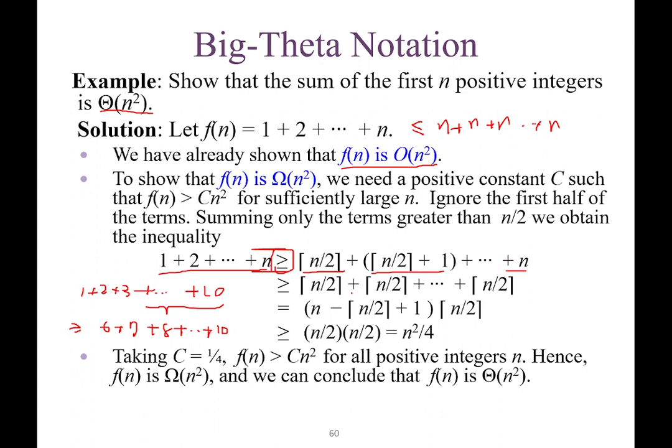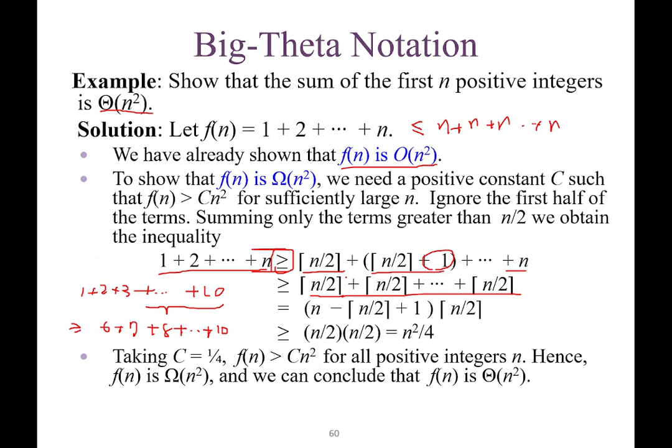And this is larger than or equal to the sum if we replace each term by n divided by 2 with the ceiling operation, because you can see we have plus 1 here, and plus 2, plus 3, plus 4.